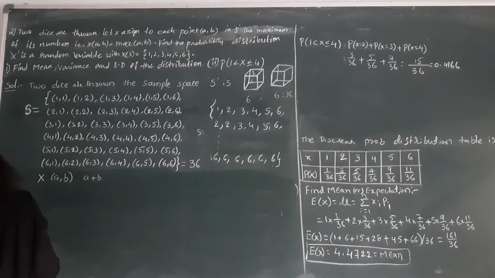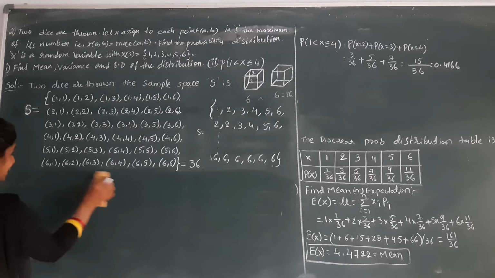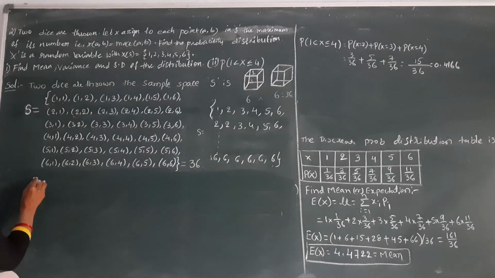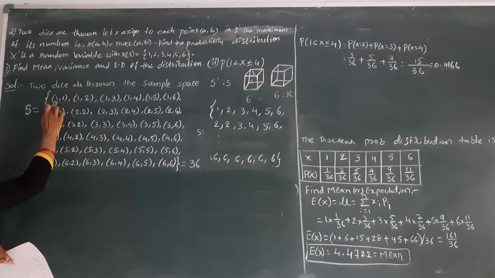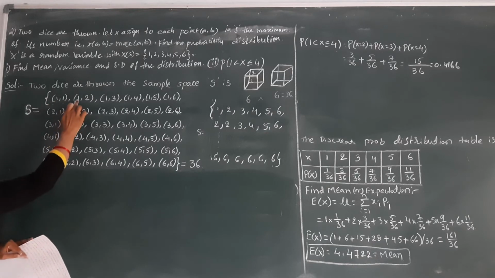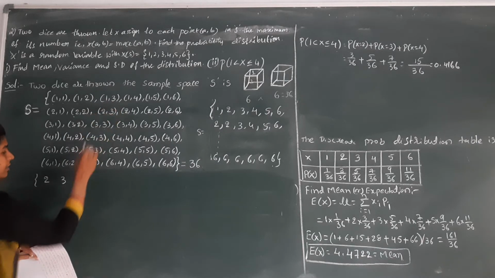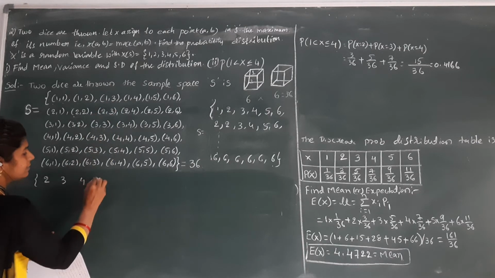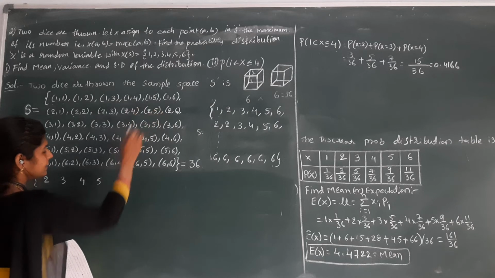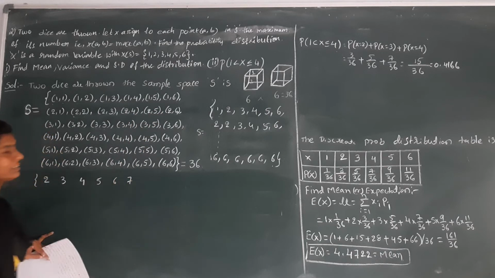Okay. So here X is nothing but, see, I am writing here the sample space. 1 plus 1 is nothing but 2. 1 plus 2 is nothing but 3. 1 plus 3, 4. Next 5. Next 6. Next you will get 7.